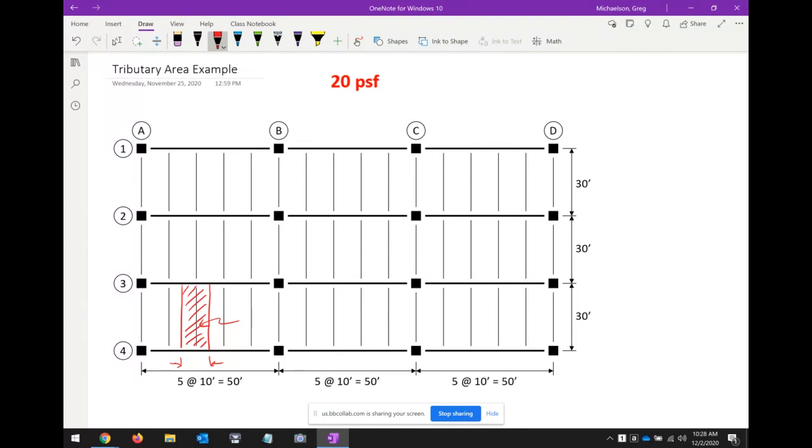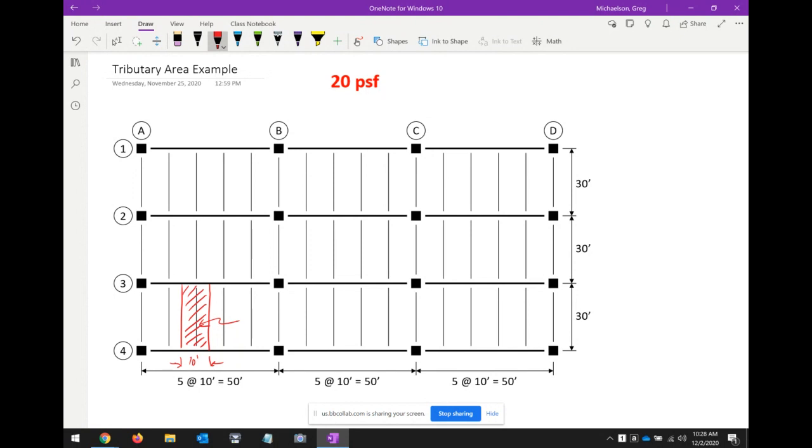So 50 feet is that entire width there. Where it says 5 at 10 feet, it's saying each of those little spaces is 10 feet. And so the tributary area is halfway over, which is 5 feet on one side, 5 feet on another. So the total width is 10 feet.